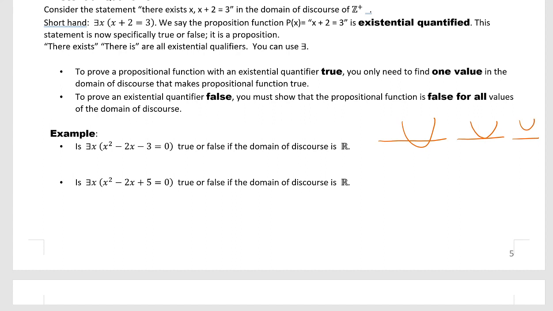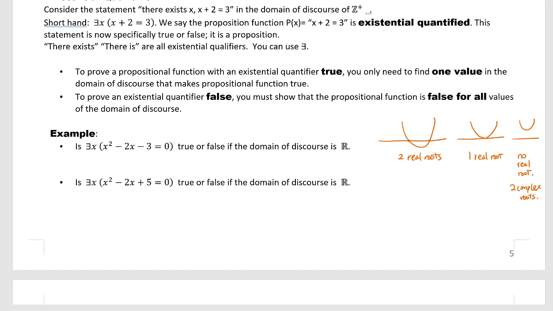Here we have 2 real roots. We can have 1 real root. And we can have no real roots. If we have no real roots, it means we have 2 complex roots.